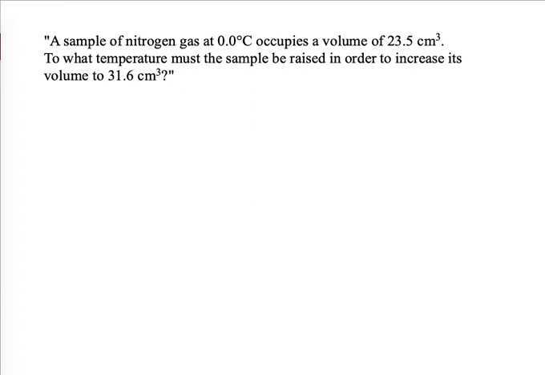So here's an example of such a problem. A sample of nitrogen gas at 0.0 degrees Celsius occupies a volume of 23.5 cubic centimeters. To what temperature must the sample be raised in order to increase the volume to 31.6 cubic centimeters? Well, we'll begin by writing out the equation that governs the variables. Because we see that volume and temperature are changing, we're going to write out Charles' law for changing conditions, V1 over T1 equals V2 over T2.